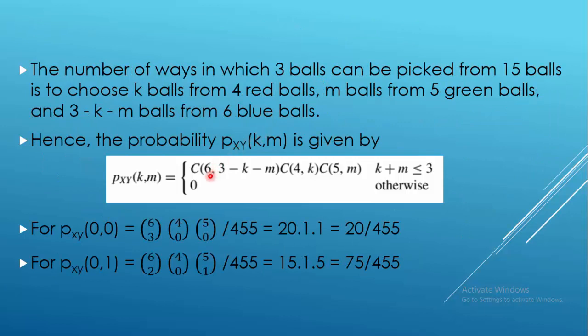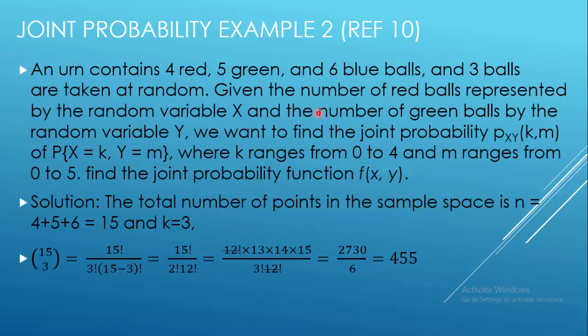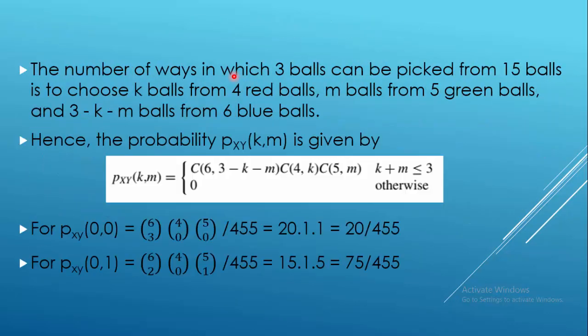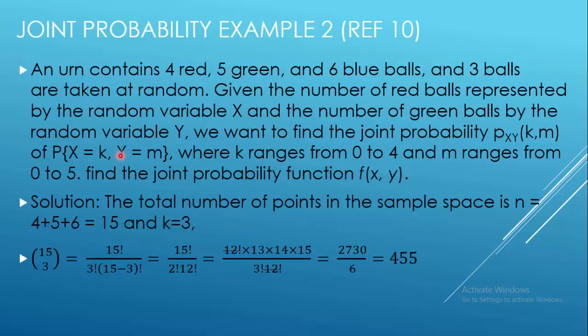So of course, for example, if you have not chosen any green ball or red ball, in that case all the 3 balls will be blue balls which we will pick. So in that case k and m will be 0. So first of all, we find p of x, y at 0 comma 0, where we are assuming that 0 comma 0 means that neither a red ball is picked nor a green ball is picked.